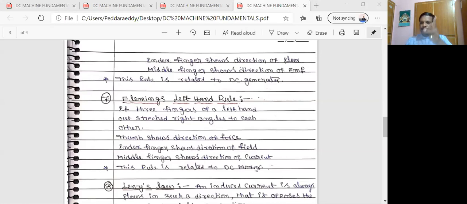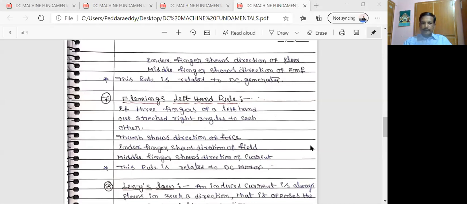Now the thumb shows the direction of force, the index finger shows the direction of magnetic field, and the middle finger shows the direction of current, not EMF. Here in the motor we give current to the motor, so it produces rotating energy. So when we put three fingers like this, the thumb shows direction of force, the index finger shows direction of magnetic field, and the middle finger shows direction of current.